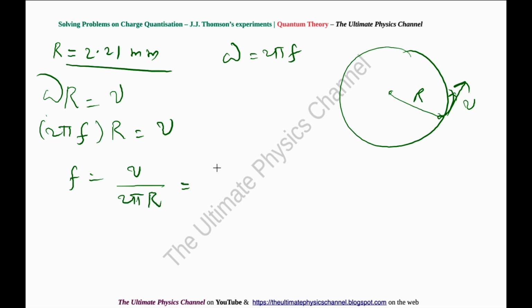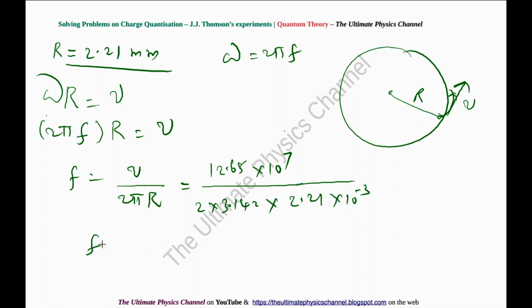V is given already. We have calculated v already, so that is 12.65 times 10 power 7 meters per second over 2 times 3.142, taking the pi value as such, and then r is 2.21 millimeters, that is 10 power minus 3 meters.